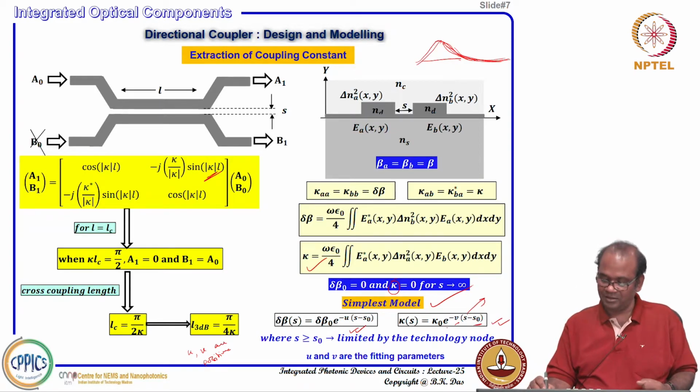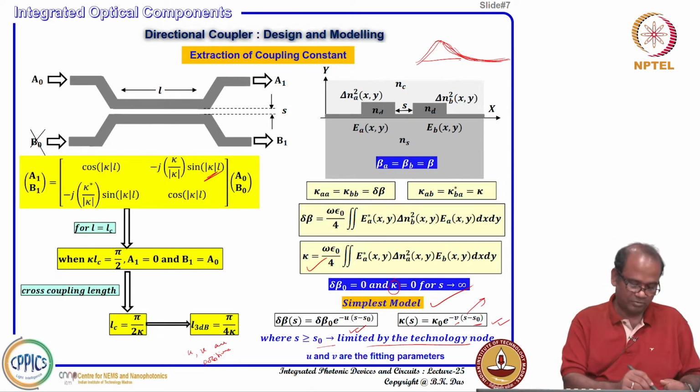So, that means at S naught I know what the constant value is, what kappa value I can calculate, and then I can plot it that way. So, for a given S naught, the technological limit, once you know kappa naught, you can just model how it will vary if you increase S. Obviously, you need to find some fitting parameters u and v. Okay. So, S naught is limited by the technology node, that is what we can model, right.